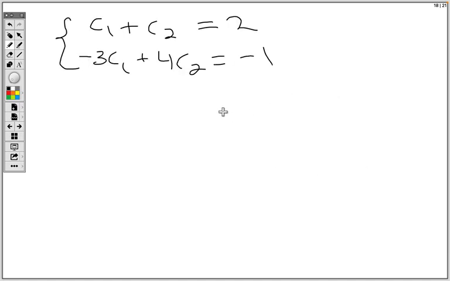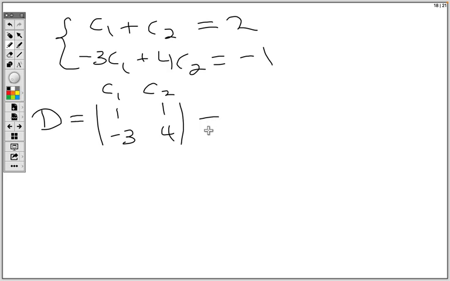All right. So we would go through Cramer's rule. We'd look at the D. The unknowns here are not X and Y, rather C1 and C2. So I'd have a column for C1, a column for C2. What are the coefficients of C1 here? There's no number, so it's 1 and negative 3. Very good. What are the coefficients of C2 here? Very good. 1 and 4.